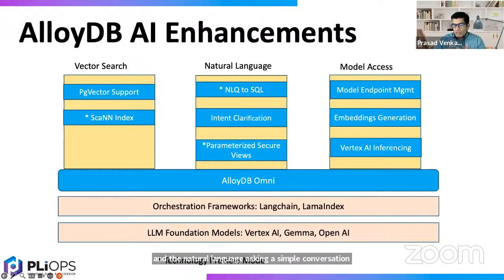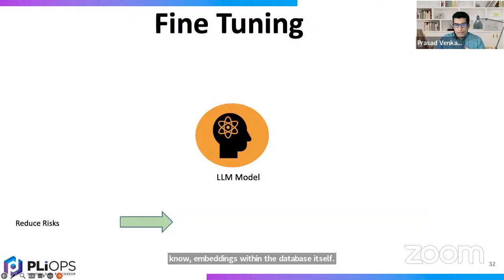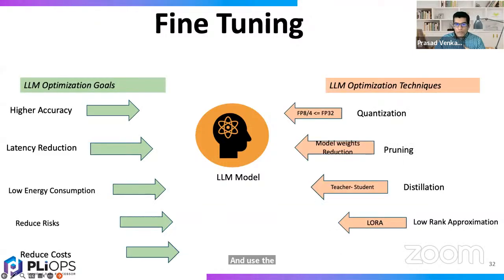If you don't know what you're exactly asking, it has intent clarification to make sure that it'll clarify what you're trying to accomplish. And from a security perspective, it's got parameterized secure views. You can define the model access endpoint, create embeddings within the database itself, and use the Vertex AI inferencing. So this is a high level view of putting together an LLM model.